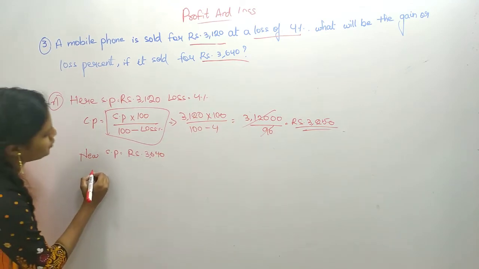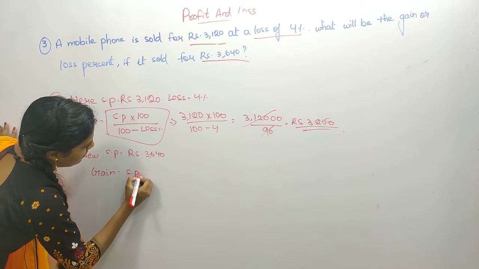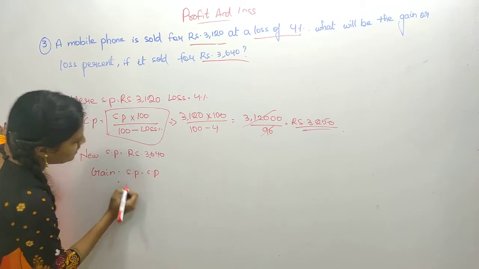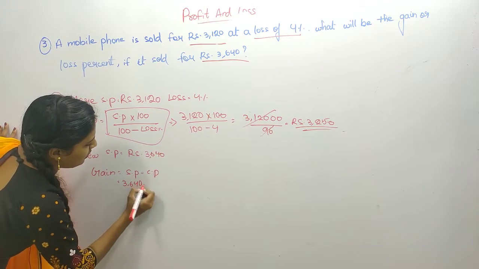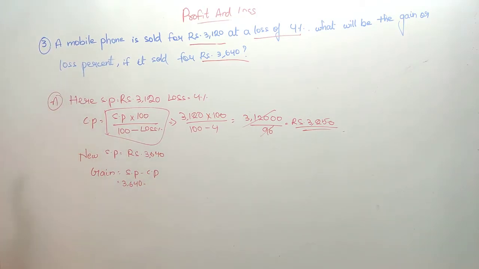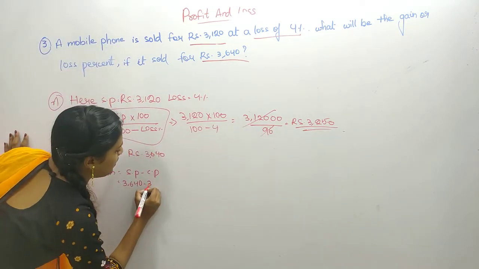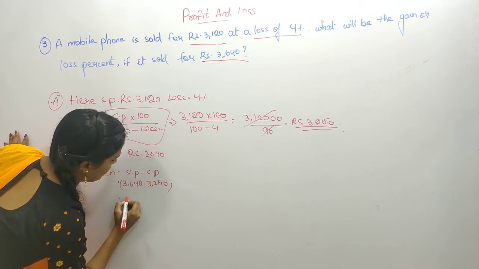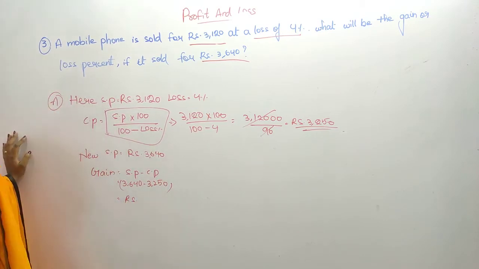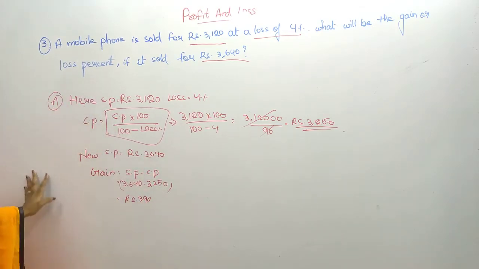Gain is equal to SP minus CP. Selling price is 3,640 minus CP, how much did you get for CP? 3,250 rupees. By subtracting both, how much will the answer be? Rupees 390. Okay, we found the gain.